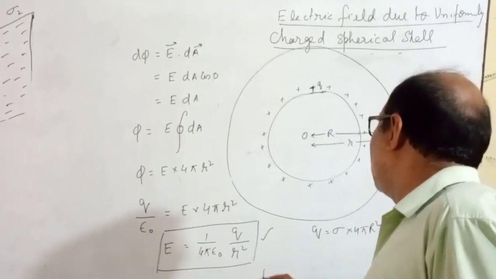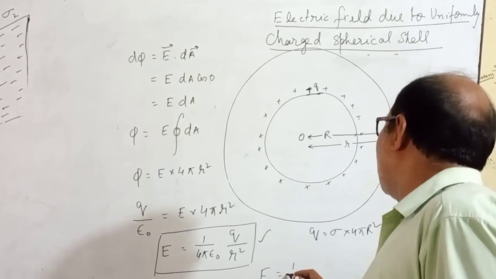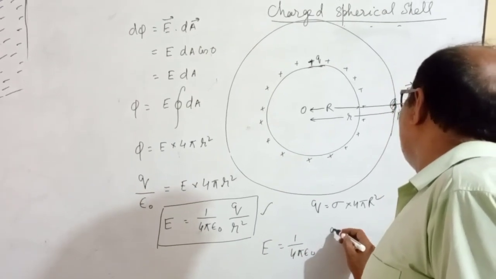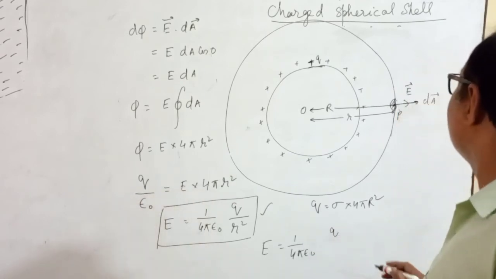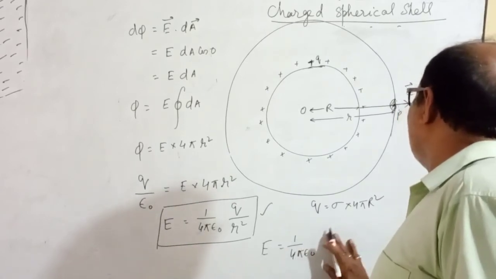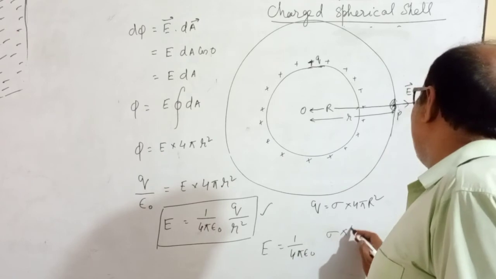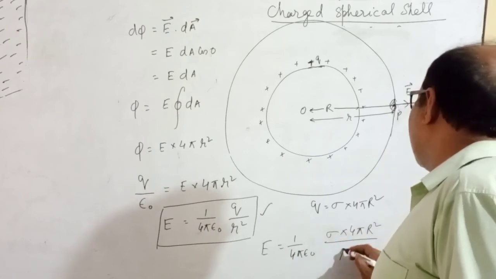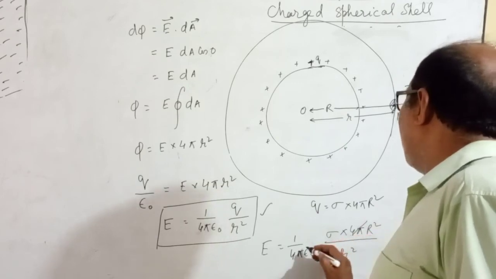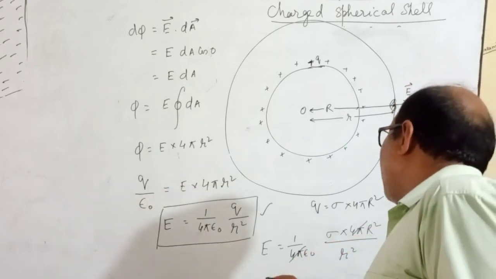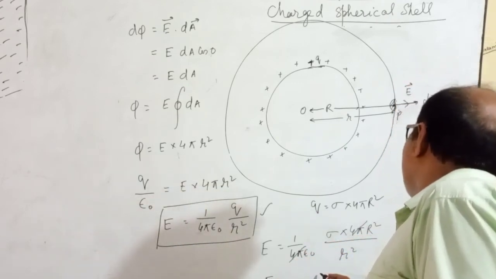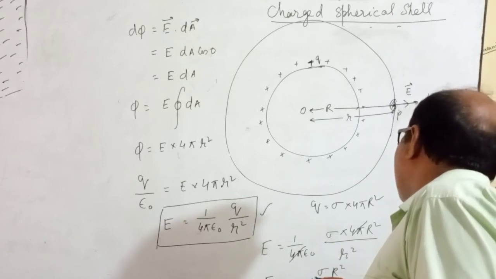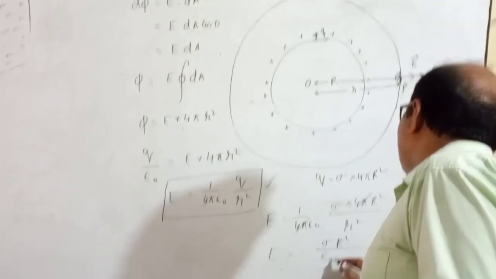So now E equals 1 upon 4 pi epsilon naught Q. In place of Q, you can write sigma into 4 pi r square upon r square. 4 pi cancels. So the formula you will get is E equals sigma upon epsilon naught.